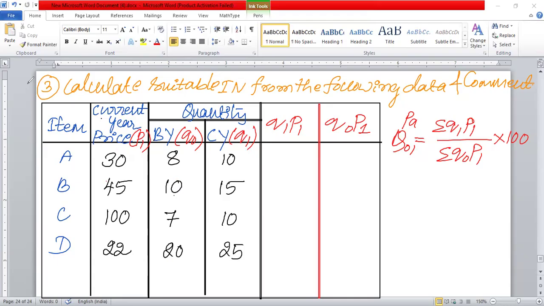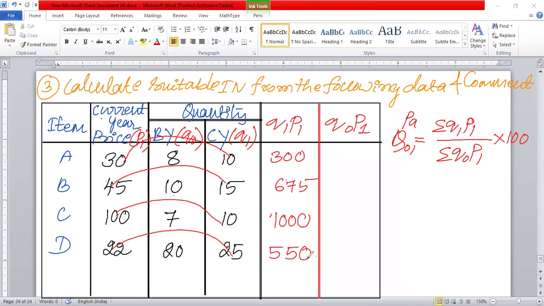Now first thing we need to multiply is Q1 P1. 30 into 10, 300. 45 into 15, 675. 100 into 10, 1000. 22 into 25, 550.